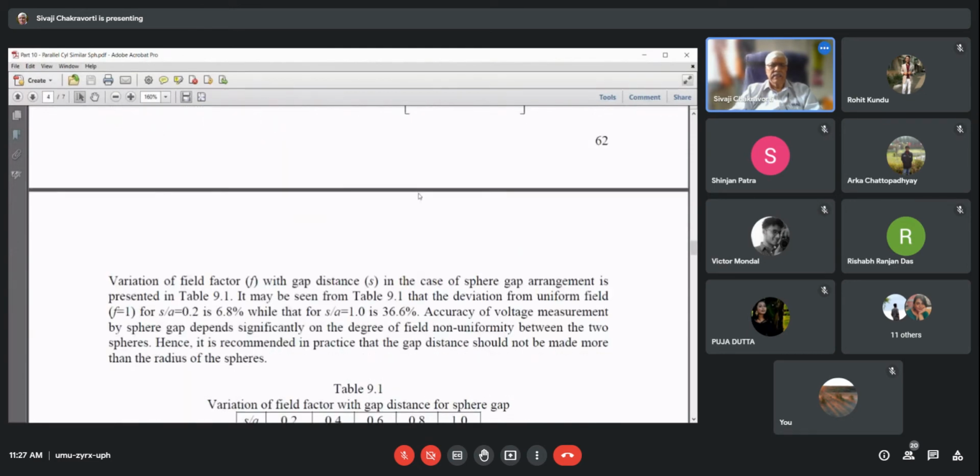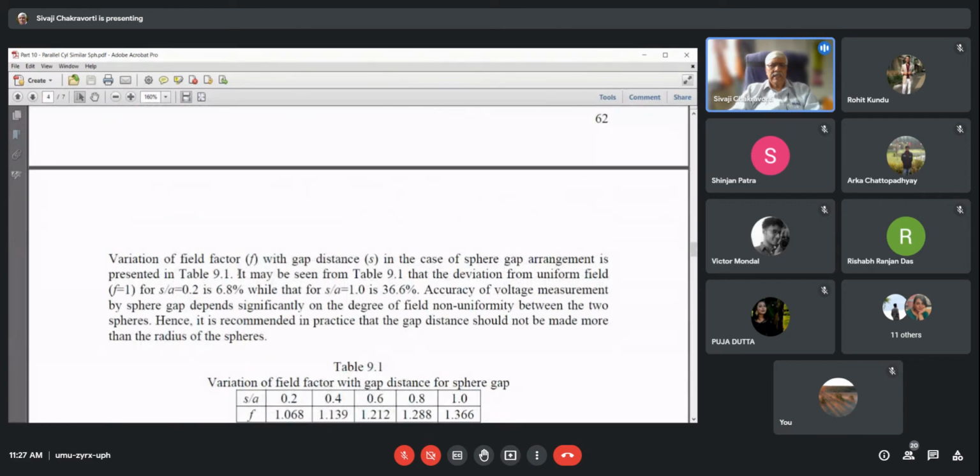We can clearly show from this that if S by A is 0.2, then this field factor is 6.8%. If S by A is 1, it is 36.6%. And we know that if the field factor is 0 or close to 0, the field is uniform. And if it is very high, the field is highly non-uniform.